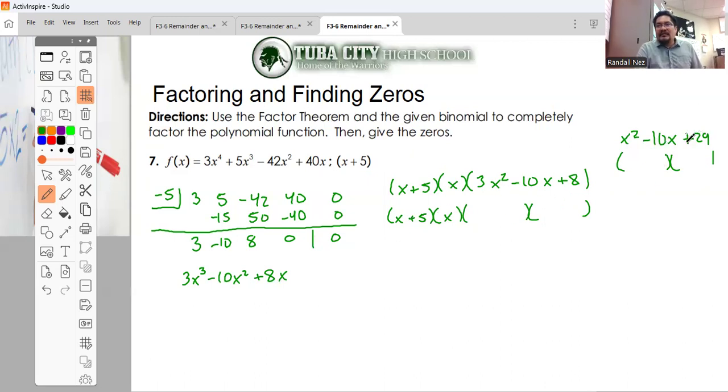So I need 2 numbers that multiply to 24, but if I add those same numbers, I get negative 10. Which means they're both negative, right? Because the only way to add numbers to get a negative number here is if they're both negative. I mean, they've got to be smaller than 10 is what I'm saying. But what numbers could that be?